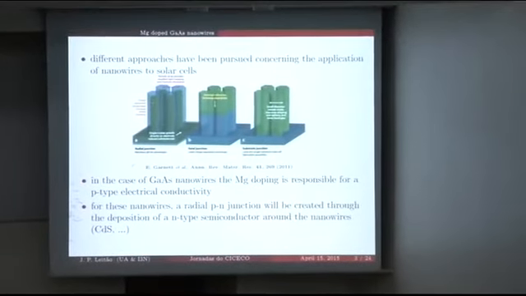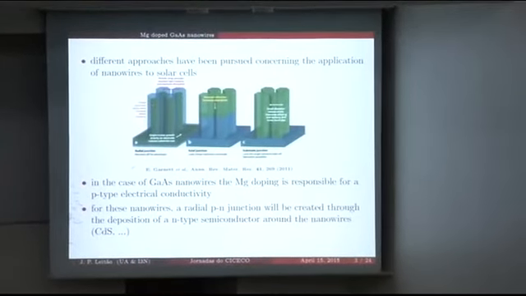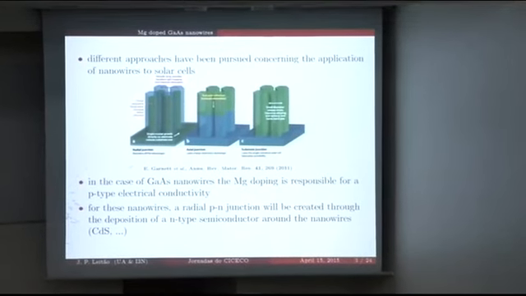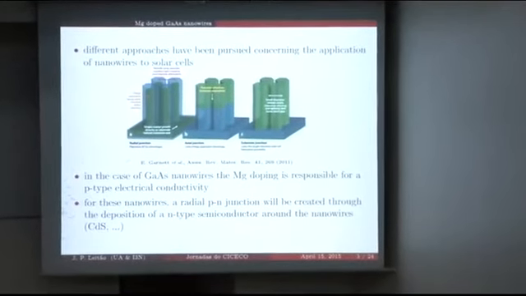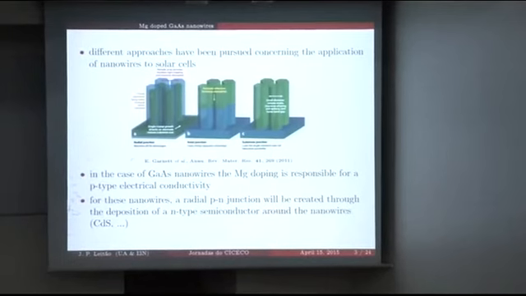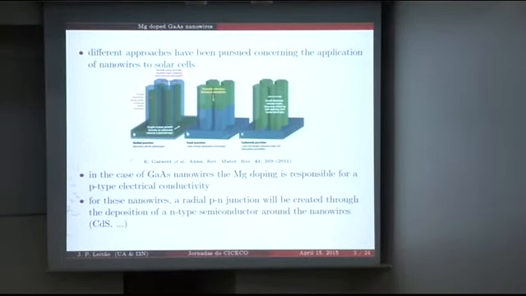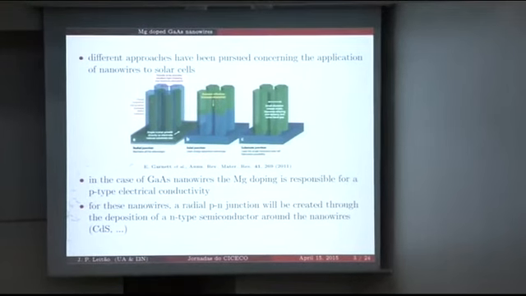Concerning the application of nanowires in solar cells, in the literature there are different approaches. Here I present 3 different approaches. Here we have a radial PN junction. We can have a PN junction along the axis of the nanowire, or a PN junction between the nanowire and the substrate.